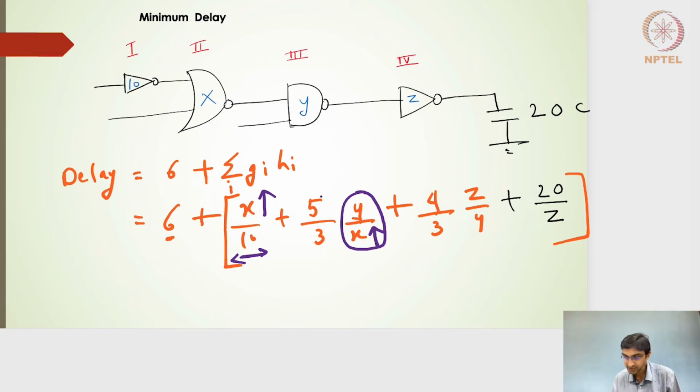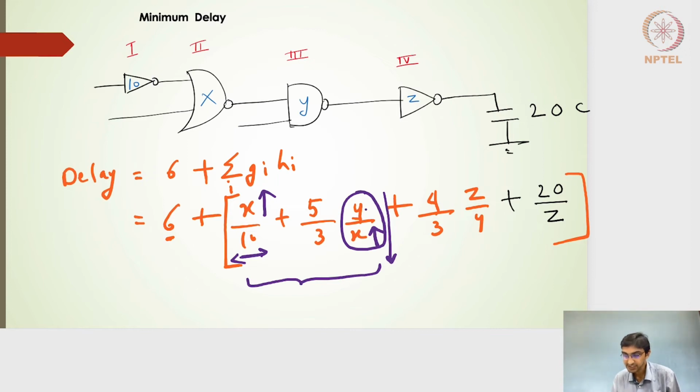So overall Y by X into 5 by 3 is going to decrease. Right? So we don't know at what values of X we will get an optimized summation result. If I increase X, or should I decrease X? If I decrease X, this quantity will decrease, but this quantity will increase.